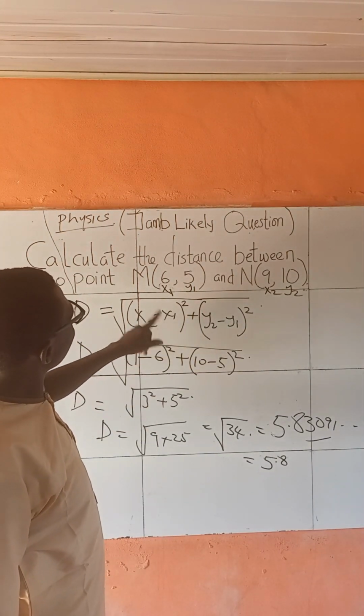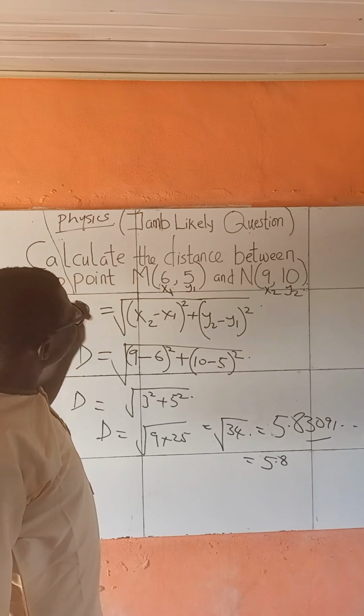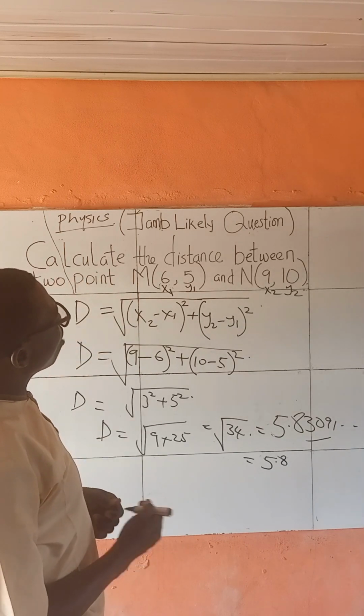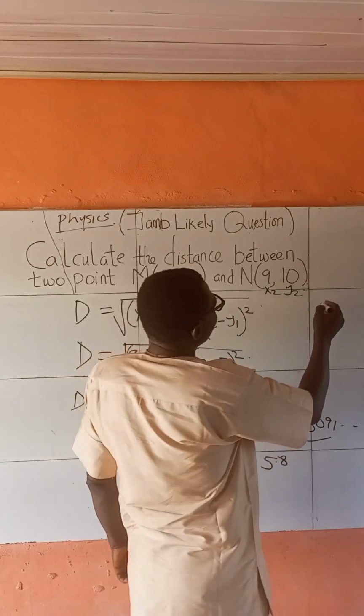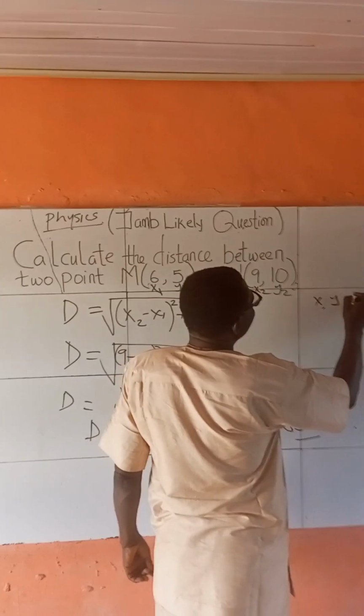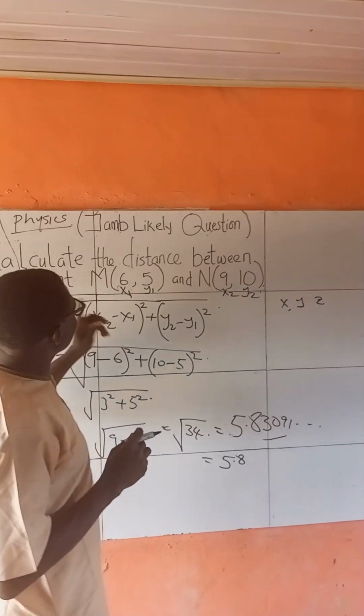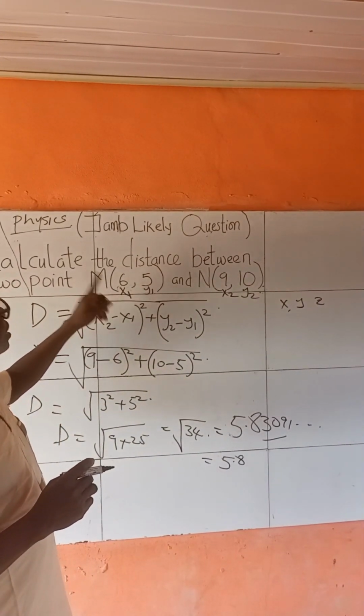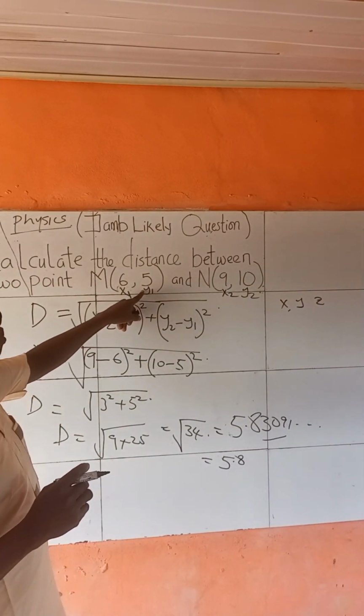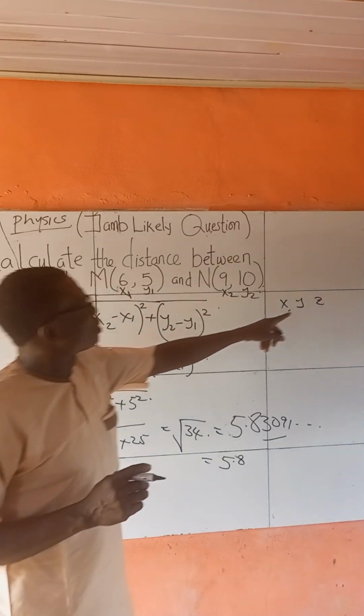Look at it here. I told you before, anytime you are working on three coordinates, which are x, y, z, the first value belongs to x, the second one belongs to y, while the third one belongs to z.